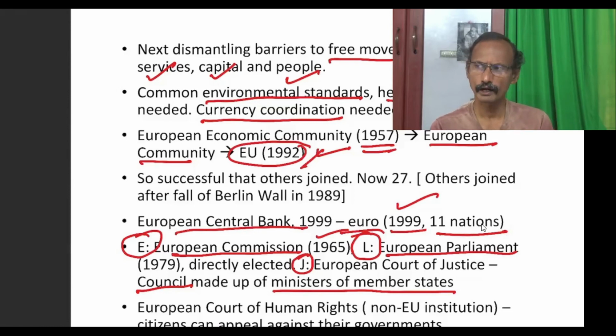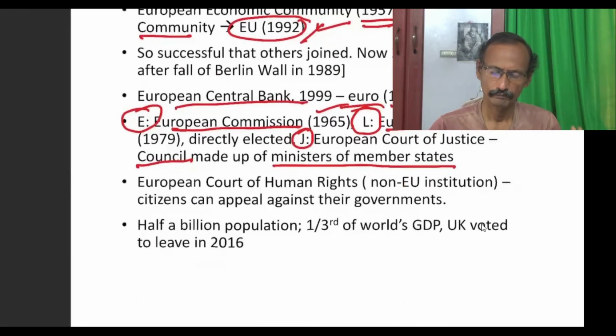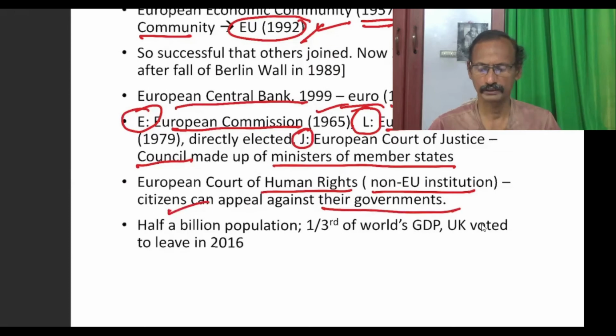Of course, there is no common army. And then see how they wanted to handle the evils produced by nationalism internally. For example, there is the European Court of Human Rights, which is not an EU institution. In this, citizens can appeal against their own governments.